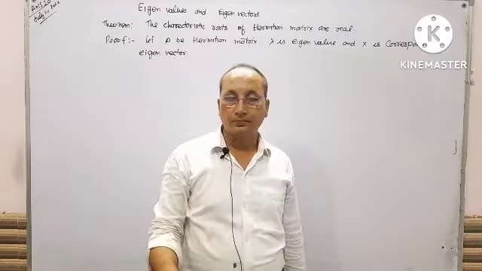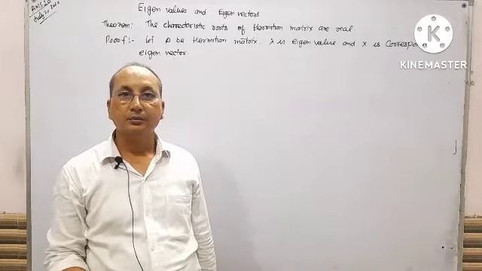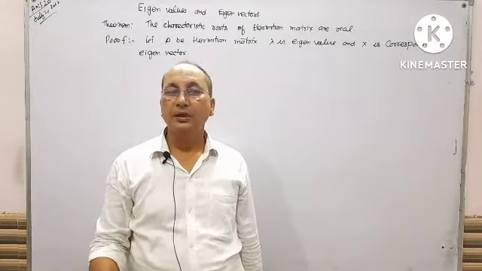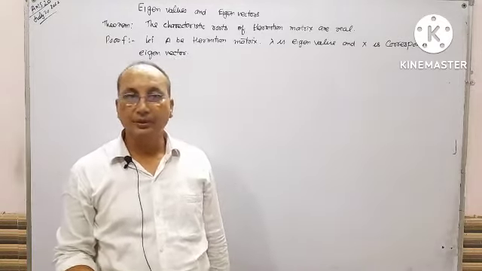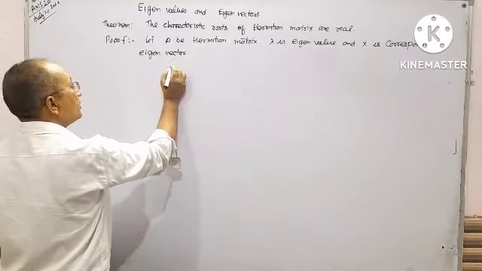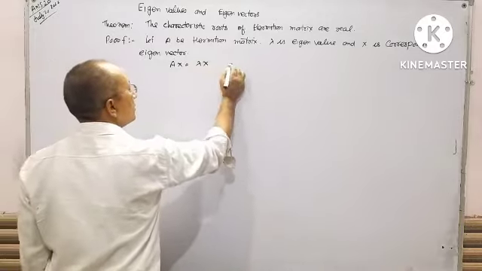According to the theorem, suppose A is a Hermitian matrix, lambda is an eigenvalue and x is the corresponding eigenvector. The characteristic equation is Ax equals lambda x. Equation 1.